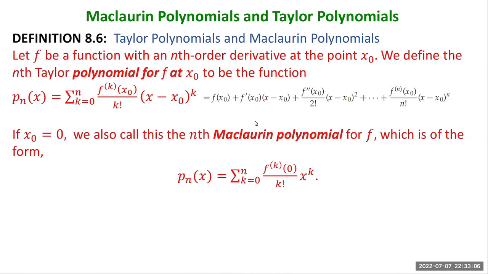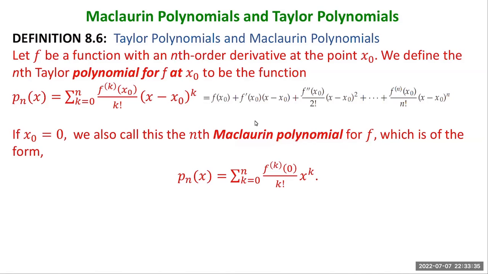And then this polynomial is given a special name when your x naught is equal to 0. Remember, I told you that x naught is a fixed number. If that fixed number is 0, we give a special name for the Taylor polynomial for f at x naught. That special name is the Maclaurin polynomial for f.